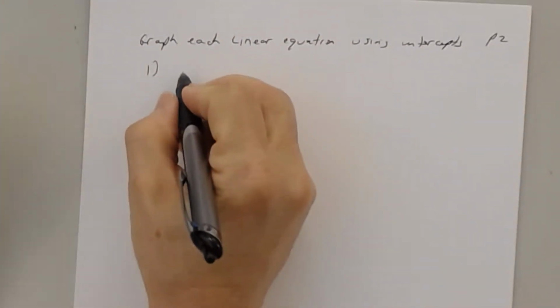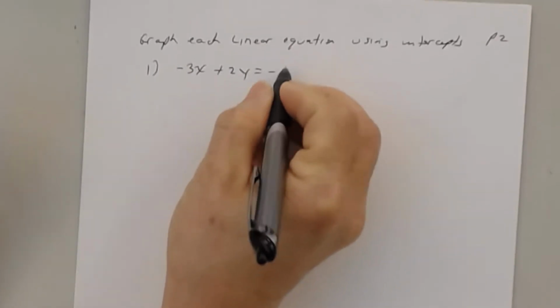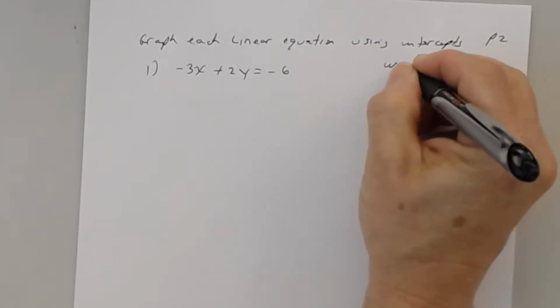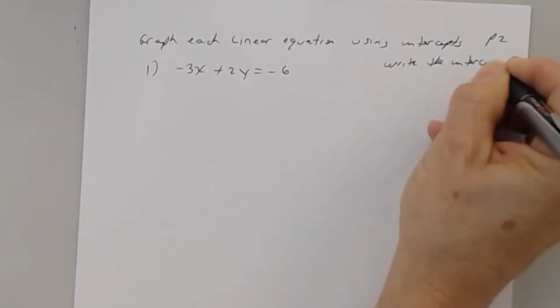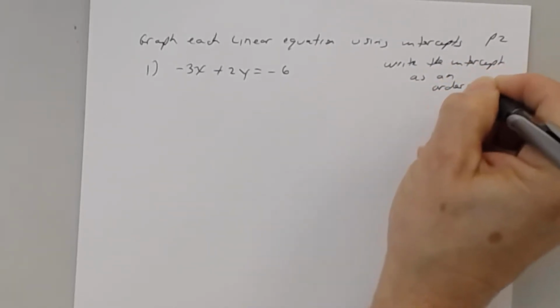Number 1, suppose we had this: negative 3x plus 2y equal negative 6. It's also going to state, write the intercept as an ordered pair.